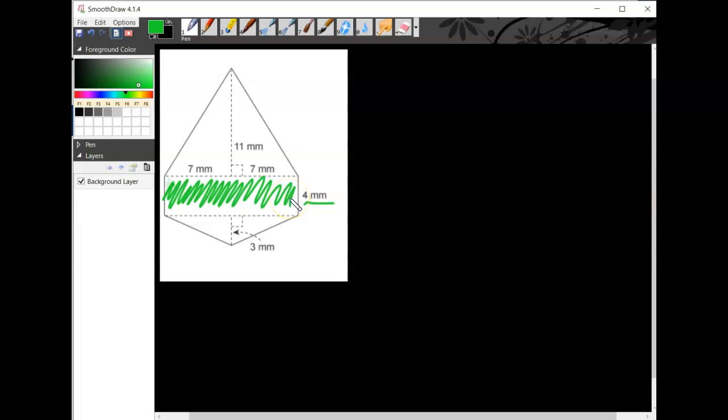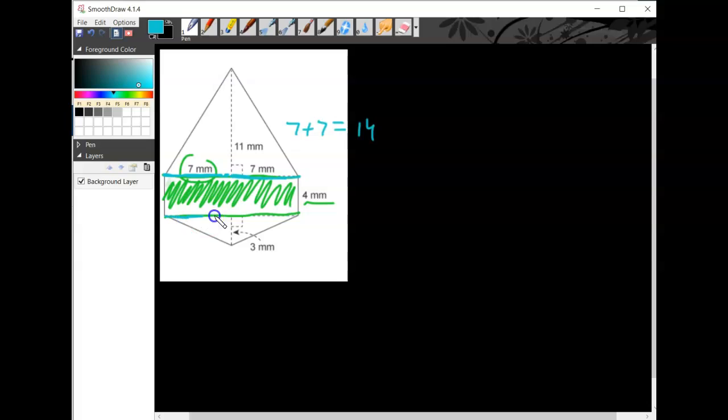How about its base? How long is that bottom side or the top side? Well, it says 7 millimeters right there. That is supposed to be for the base of this triangle right there, and another 7 millimeters for the base of this other triangle. So 7 plus 7 is 14.